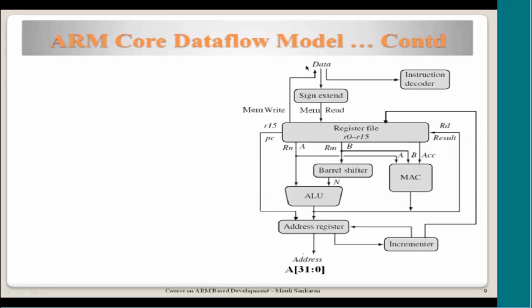Now, leaving aside that part, let us understand the other portion of the circuitry here. For a memory write, anything to be written into memory has to go through this data bus, and one of the registers' contents needs to be written. So there is the flow of data from here. Memory write goes through this, and for any memory read, if you recall from the last discussion, we said it could be an 8-bit content or a 16-bit content coming from memory, and optionally it could be sign extended based on the type of the data which is coming in.